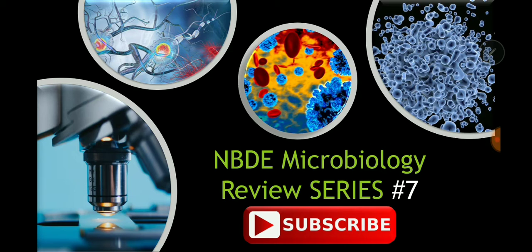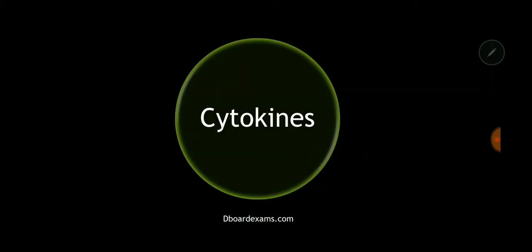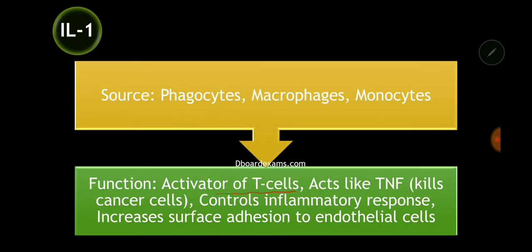In this one we're going to discuss the cytokines such as interleukins, which are produced by the host immune cells. Interleukin 1, or IL-1: the source is primarily the phagocytes, which are mostly the monocytes and macrophages.